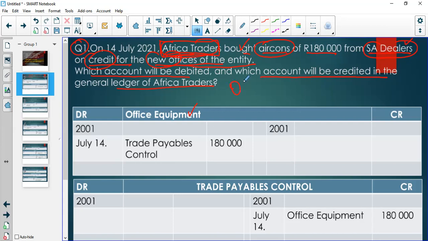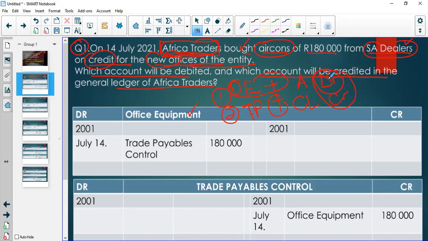We identify office equipment, which has increased. We also identify that we owe some people, so our trade payables have also increased. Office equipment is an asset that increases on the debit, and trade payables is a current liability that increases on the credit.